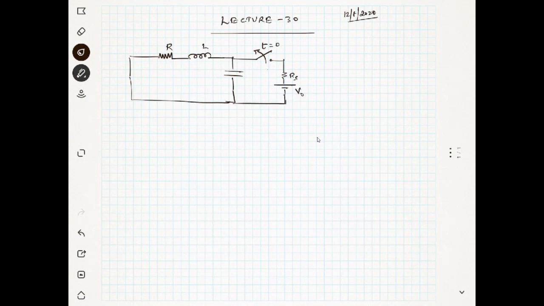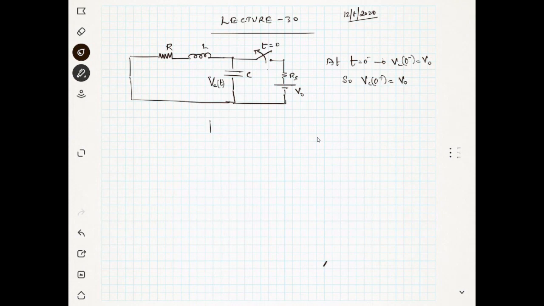So the initial voltage across the capacitor at t equal to 0 plus is V0. Vc of 0 minus is equal to V0, so Vc of 0 plus also will be equal to V0.